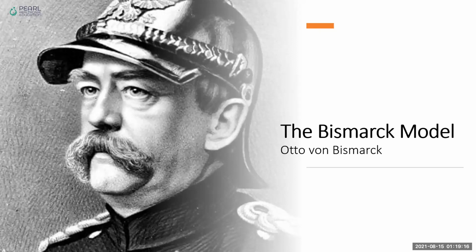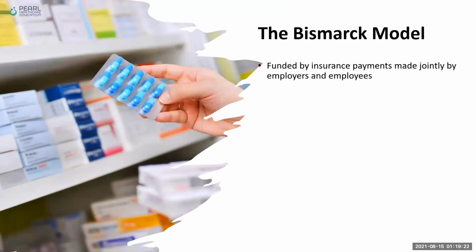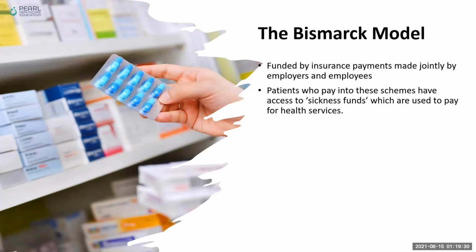Then we have the Bismarck model, which was proposed by Otto von Bismarck. This model is funded by insurance payments made jointly by employers and employees. People who pay into these schemes have access to sickness funds, which are used to pay for health services.